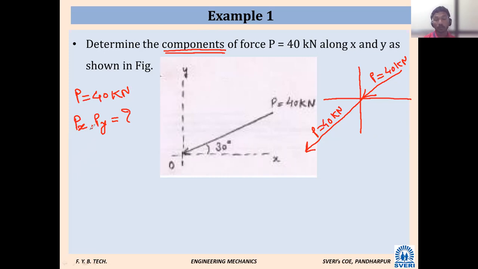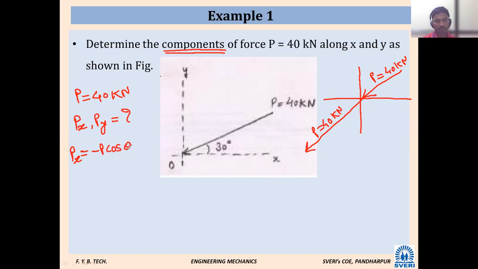Suppose we want to find the component along the plane, and the angle is given with the x-axis. Once we find the x component, the formula becomes F cos theta. Now the force is negative, indicated by minus P. So minus P cos theta.